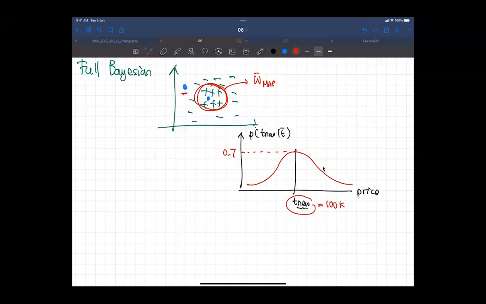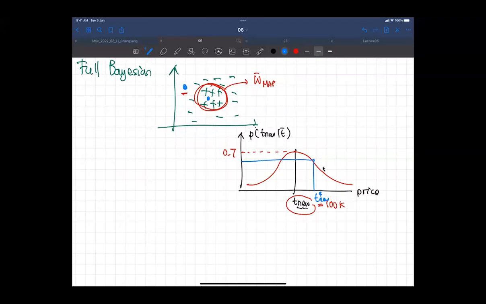But you can also use some imagination. For example, what would be the probability if I want to increase the price? If I want to increase my profit, what will be the probability of this new price? I can also know that one.